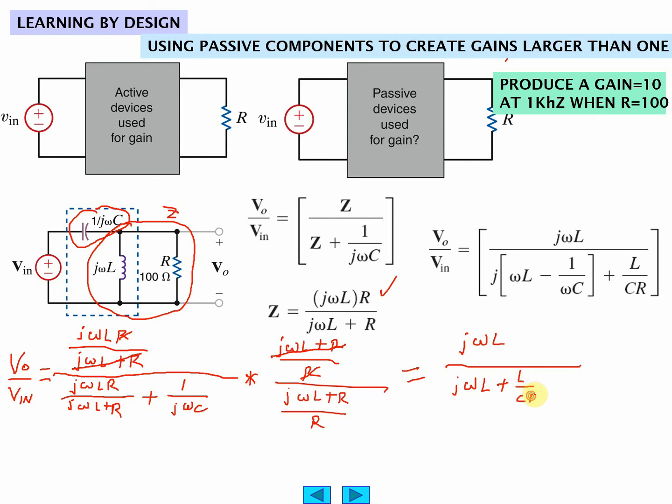And then finally, j omega L over R times 1 over j omega C gives L over CR. And the last one, you just have 1 times 1 over j omega C.